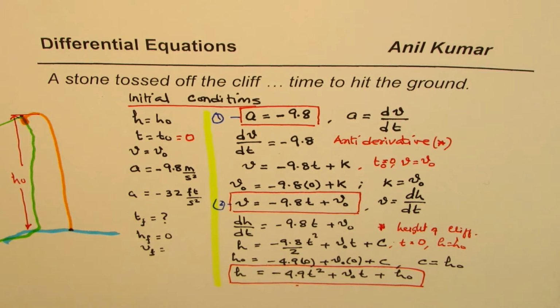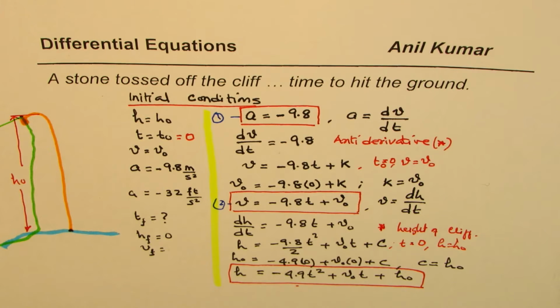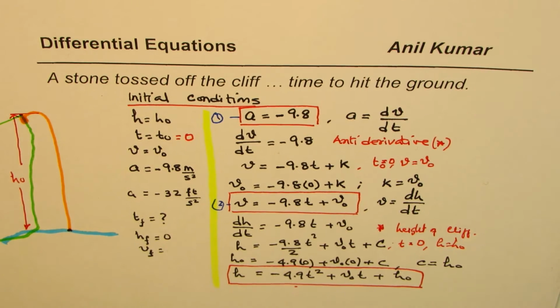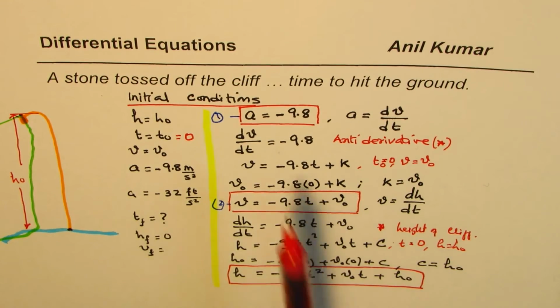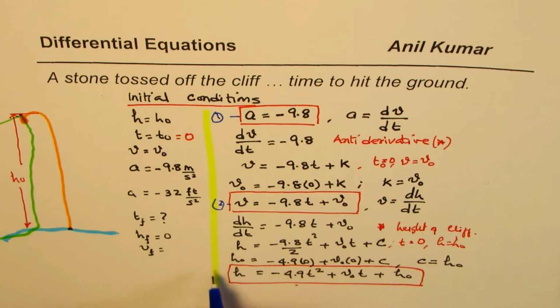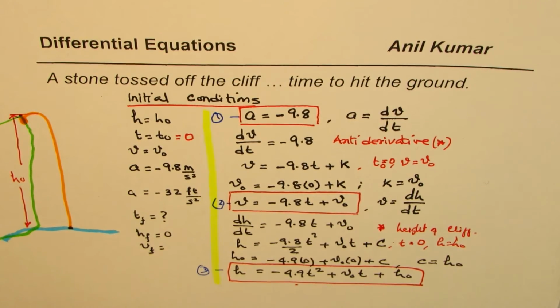In this scenario, the movement is vertical and it is because of the external force, which is due to the gravity of the earth, right? And that is constant. So we started with the constant gravity of the earth. Did antiderivatives twice to get this third equation.